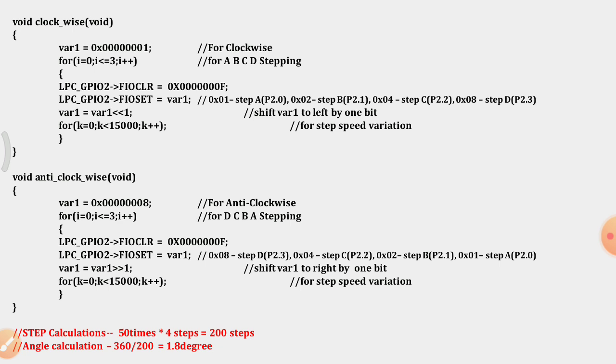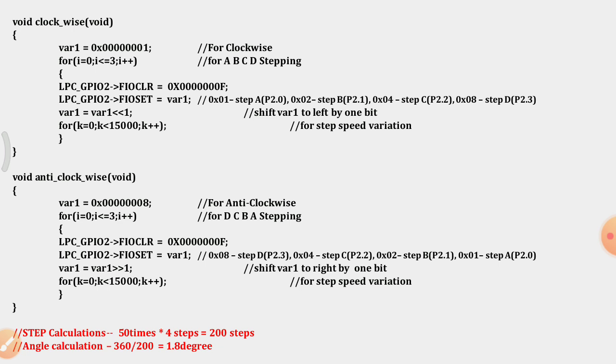So here P2.1 will get set for the value 02. Then again I am shifting the var value to the left side by position 1. Then the var value now becomes 04. It means bit 2 is going to be high. It means P2.2 is now activating, that is step C.